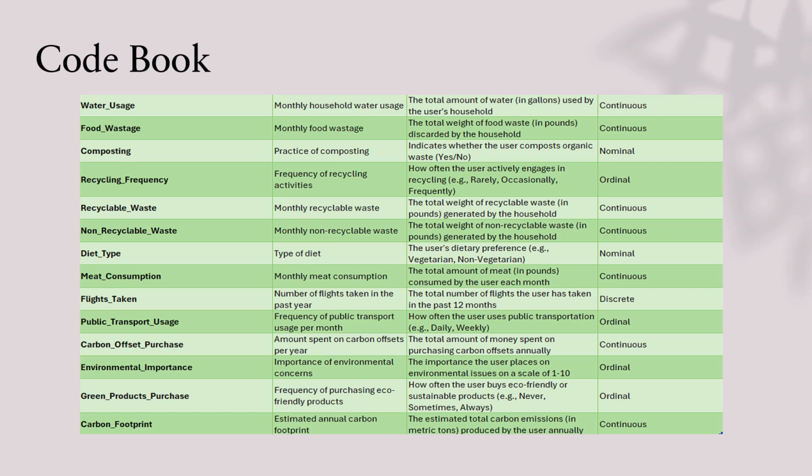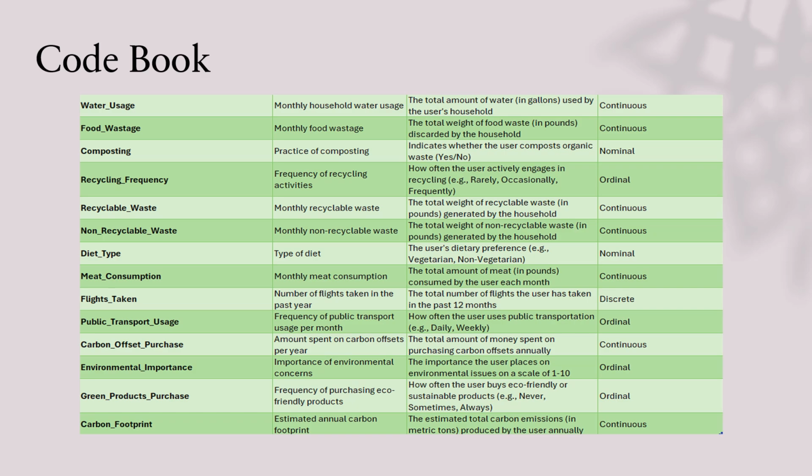We also track the recyclable and non-recyclable waste produced by the user on a monthly basis, and we record their diet type, so whether they are vegetarian, non-vegetarian, or pescatarian, etc. If they are non-vegetarian, we track the amount of meat they consume on a monthly basis.